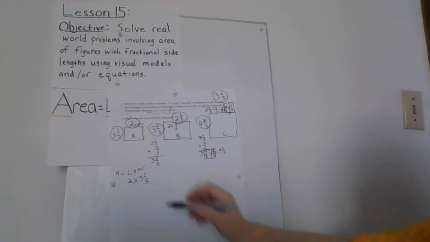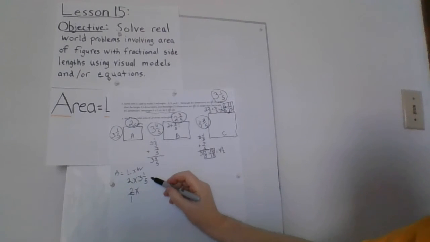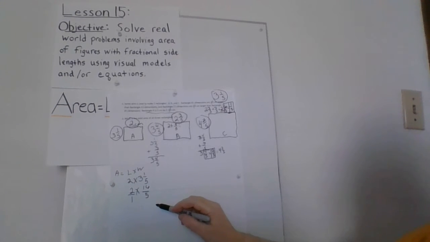And what I'm going to do is put the 2 over a 1, so I have fraction times a fraction. And then I'm going to change this mixed number into an improper fraction. 5 times 3 is 15. 15 plus 1 is 16. So now I have 2 over 1 times 16 over 5.